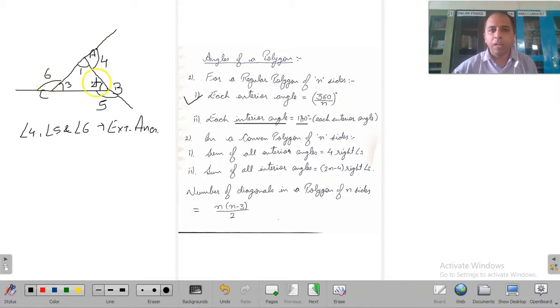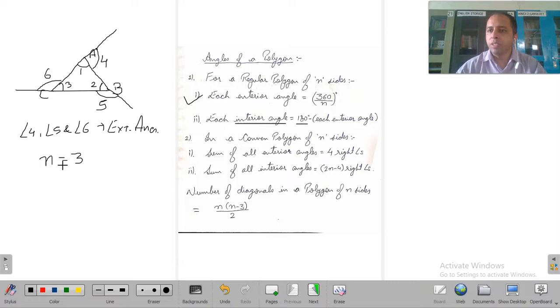Now let's calculate the value of these angles in the case of a triangle. Each exterior angle. Now regular polygon means what? We discussed in the last class, a polygon in which all sides are equal is known as a regular polygon. A triangle has 3 sides, so n is equal to 3 here.